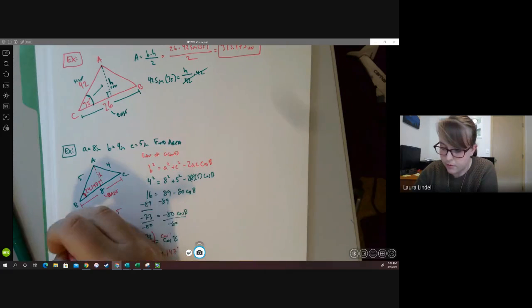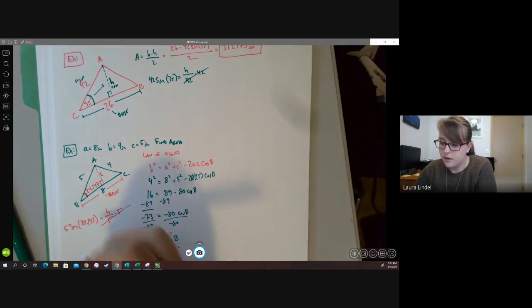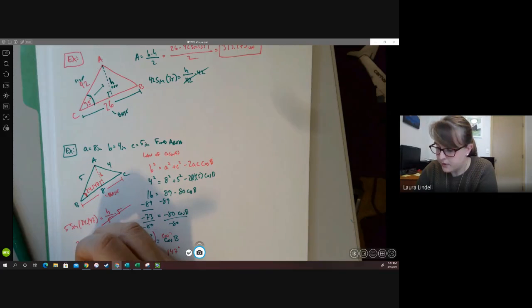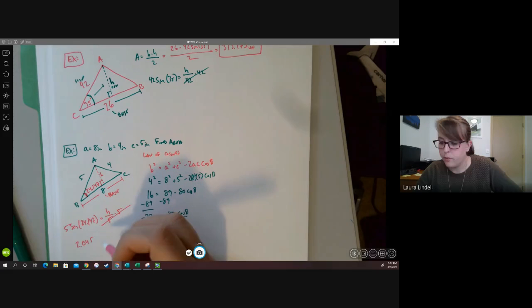Times 5 on both sides. 5 sine of 24.146 gives us 2.045.